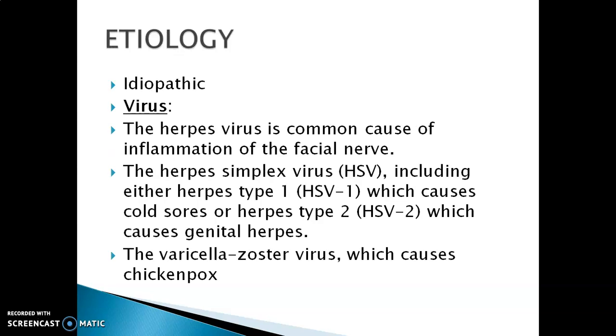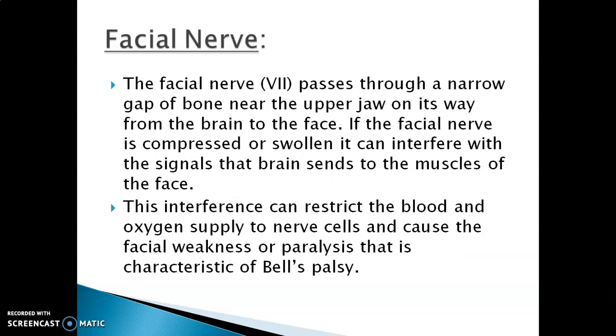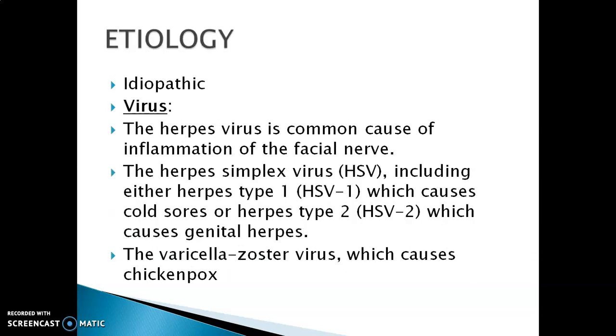Then the cause is idiopathic, but still we do have some viruses which can lead to Bell's palsy. The first one is the herpes virus, which is a very common cause, and it causes inflammation in the facial nerve, due to which the nerve will be compressed and these kinds of symptoms are shown.